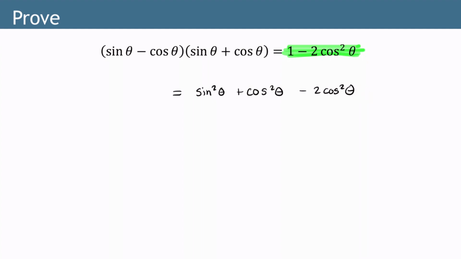Well, it's like saying 1x minus 2x. Well, 1x minus 2x would be negative x, right? Or in other words, 1 cosine squared minus 2 cosine squareds would be equal to minus 1 cosine squared. Okay, so sine squared minus cosine squared.